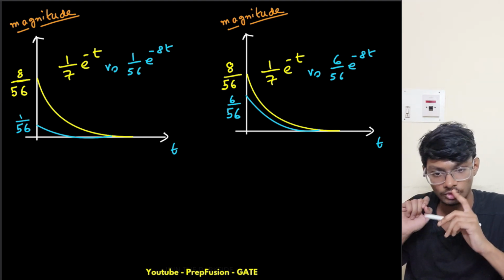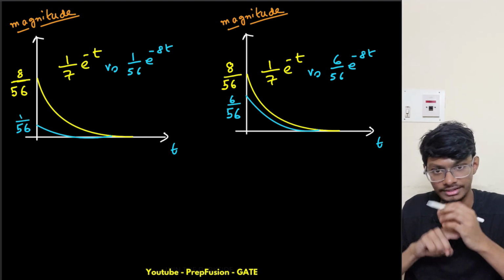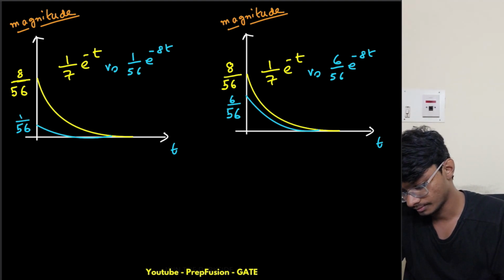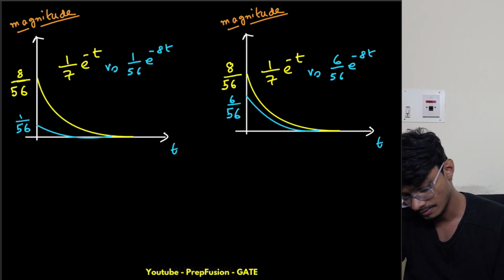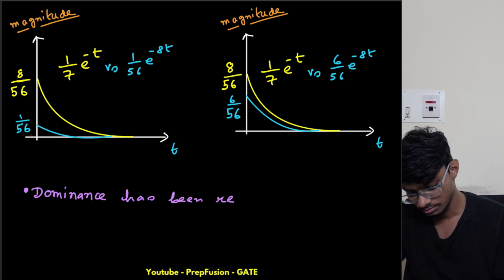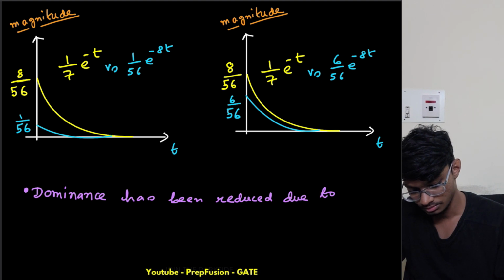So the dominance has been reduced due to the addition of a zero.